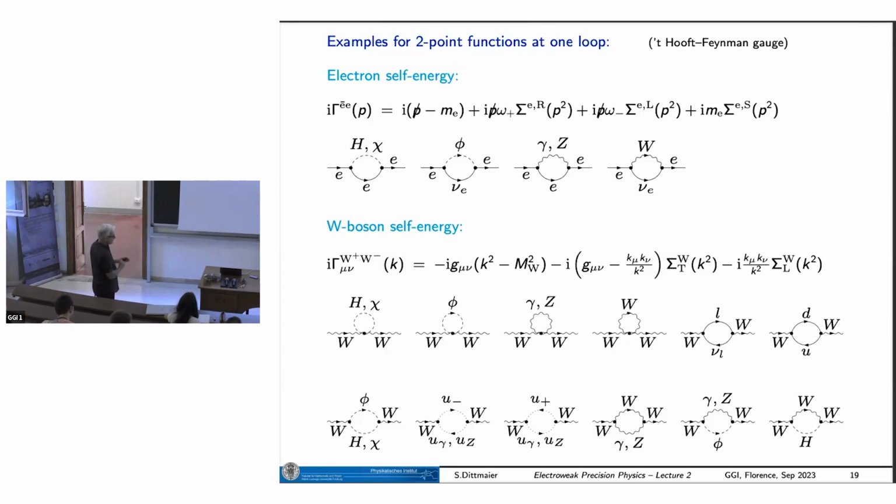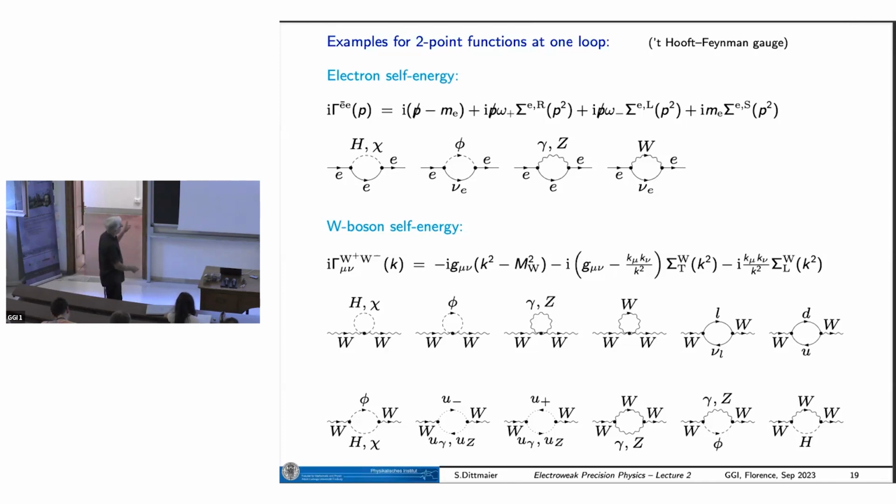It's the other way around. It's the column times a row, which builds up a matrix. So you can decompose this matrix into something that goes with p slash, where this is the contraction of the momentum with the Dirac matrices, and something that goes with a unit matrix. Much more is not possible.